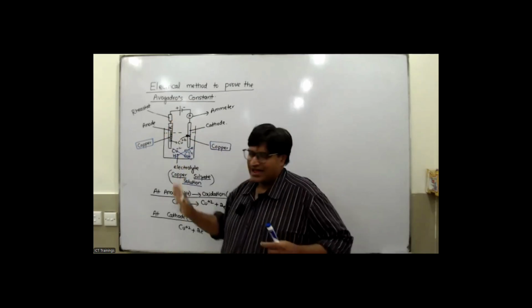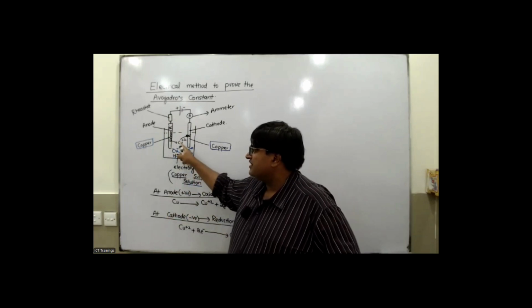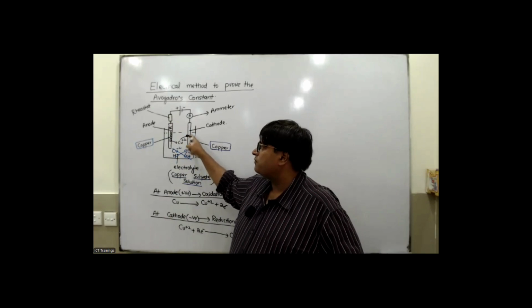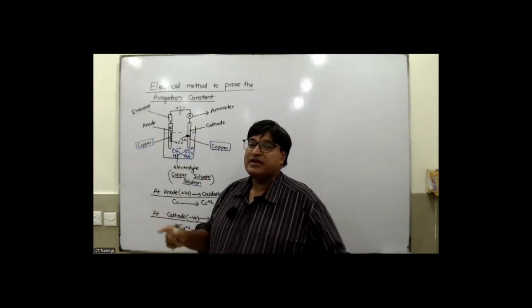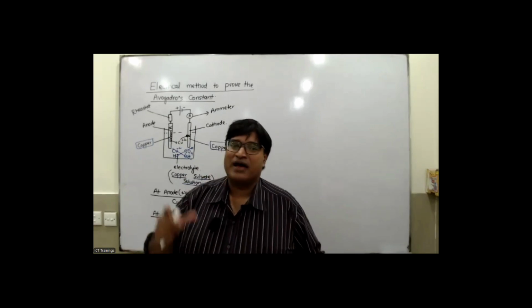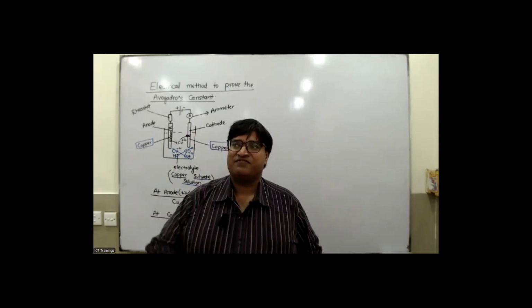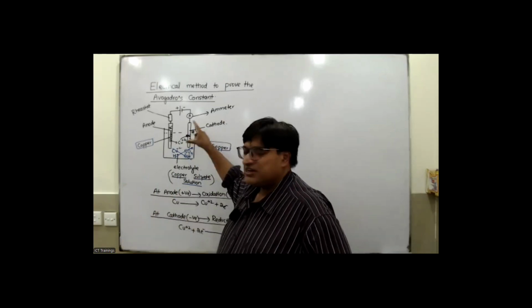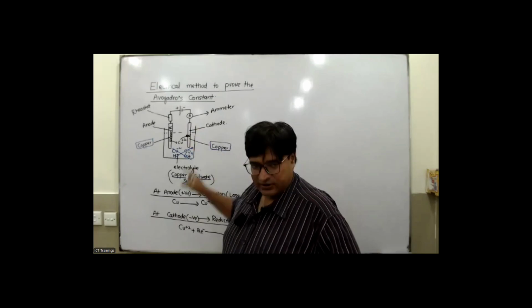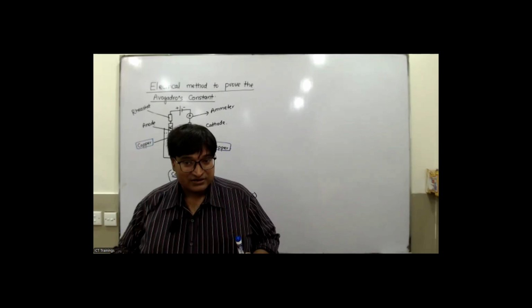If you do not attach the rheostat, what would happen? The deposition of these copper ions to form copper on the cathode would be faster. Basically, we have to take the initial mass of the copper cathode and the final mass of the copper cathode. We have to measure it.